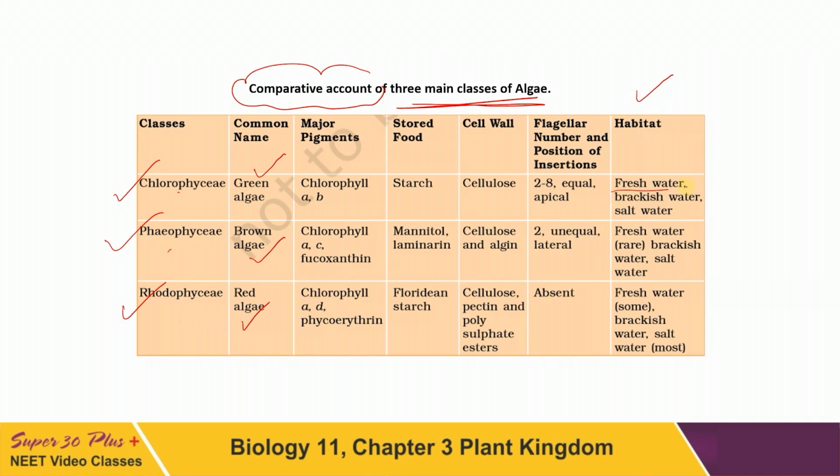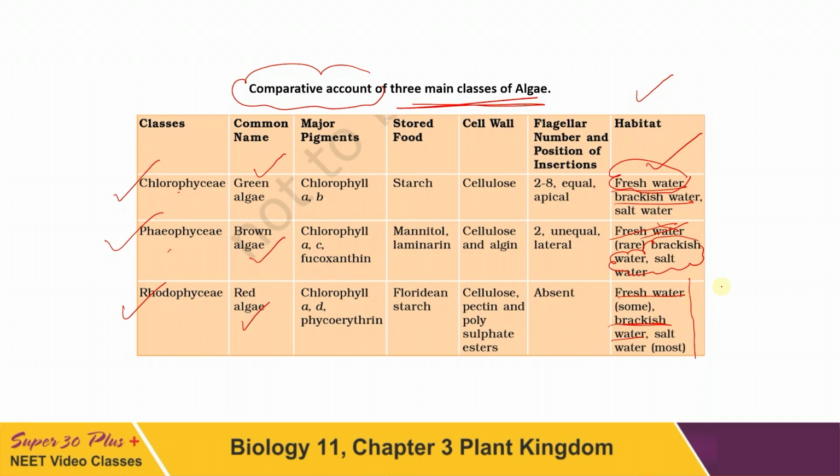Fresh water as well as saline and brackish water. Chlorophyceae are mostly found in fresh water. Phaeophyceae are found in brackish and marine water, and very rarely in fresh water. Rhodophyceae, a few are in fresh water, but mostly they are found in brackish water.